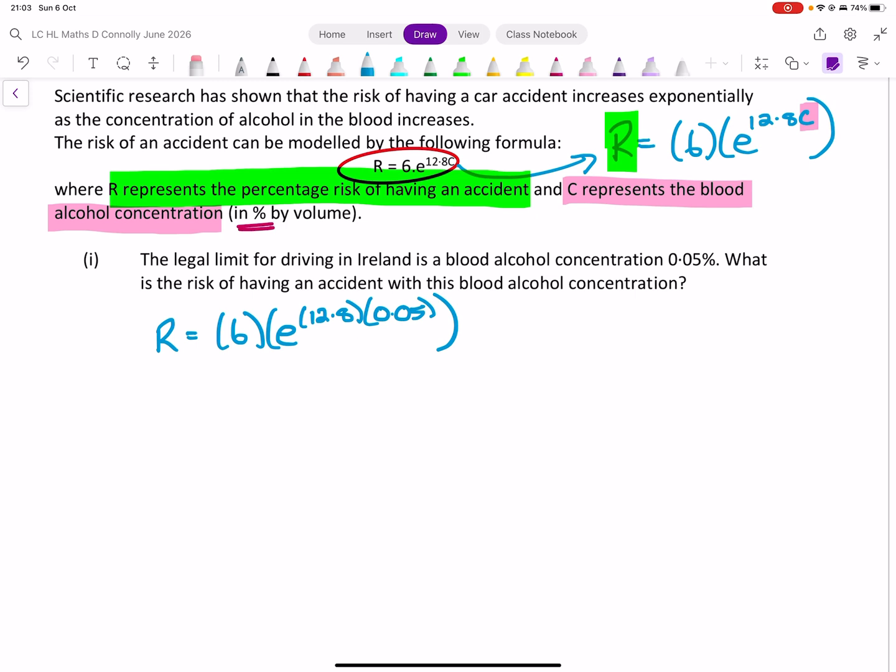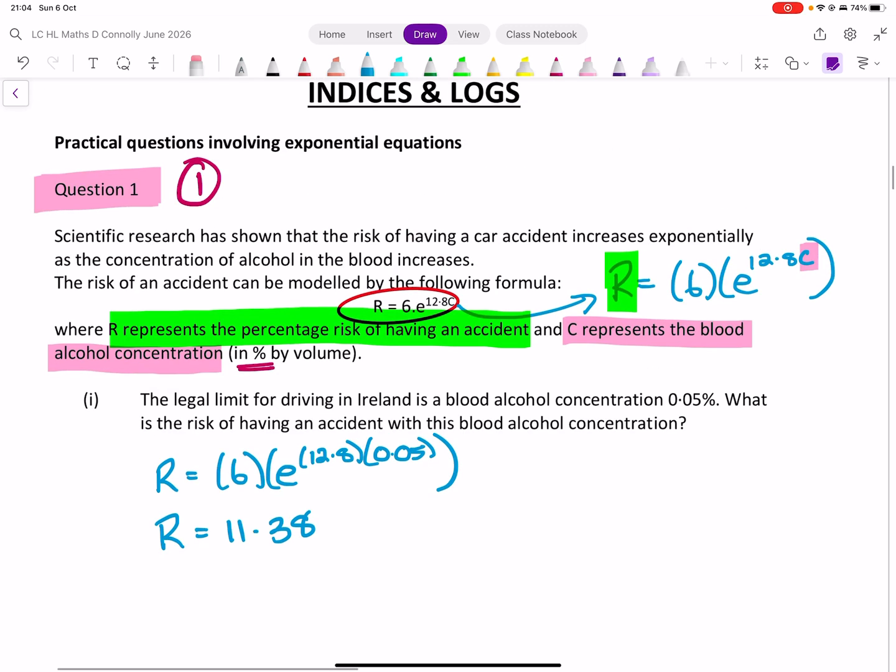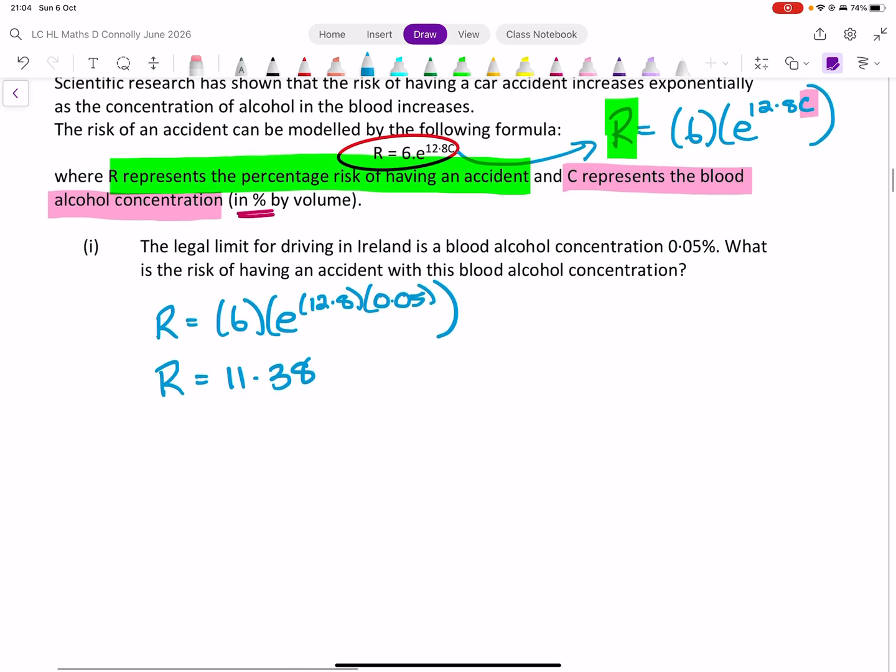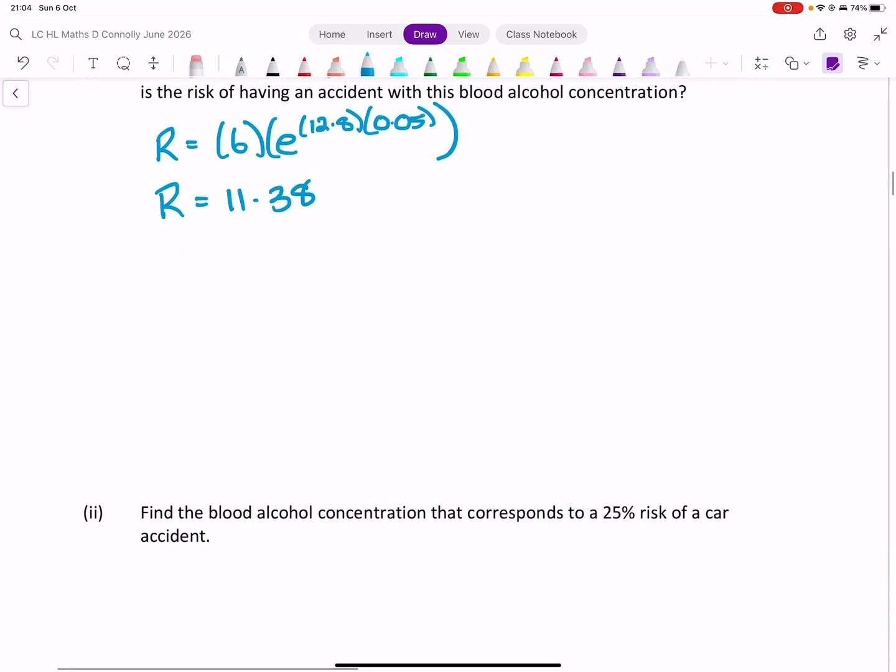Right, so 6 times e to the 12.8 times 0.05, close the big bracket. So I'm getting R is 11.38, assuming that's also a percentage. So if you're at the legal limit for driving, your chances of an accident, it's a bit concerning, is it? Just over 11%.